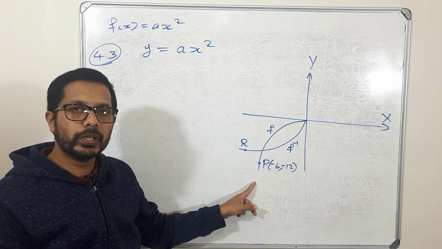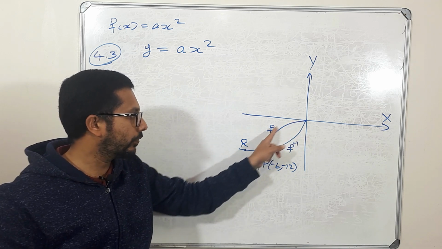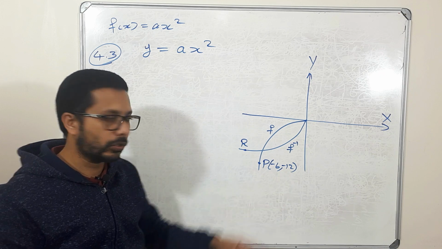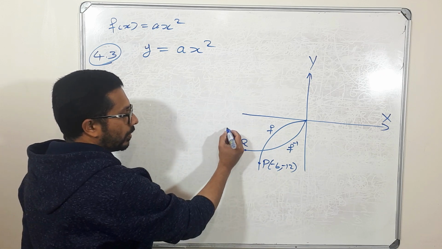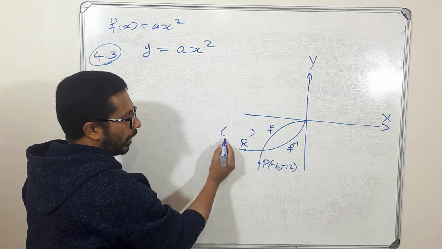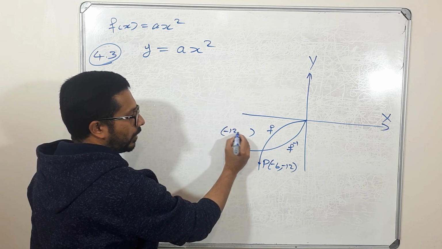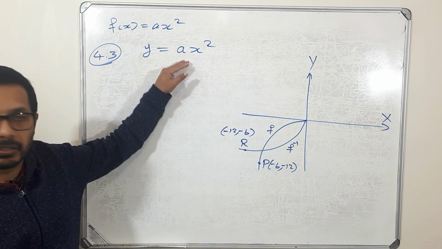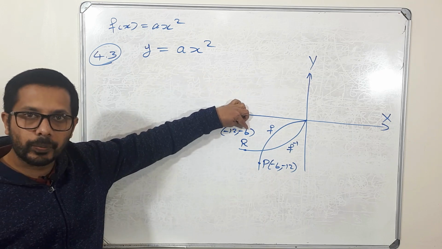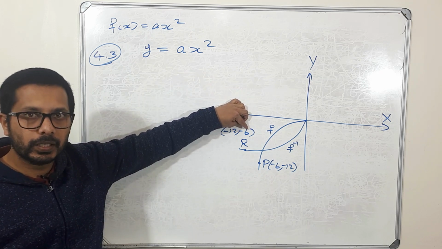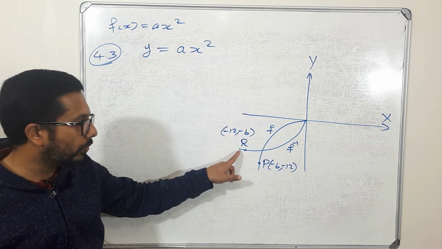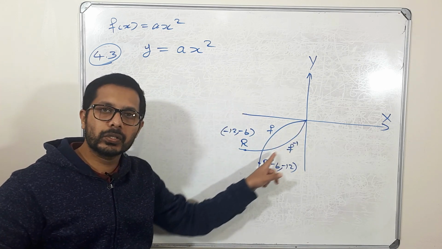Do you know any coordinate in that f of x graph? Yes, we know this -6 comma -12. We already found in the previous question the coordinate of R. What was that? -12 comma -6. But for this one, don't take this -12 comma -6. Don't make a mistake like that, because this -12 comma -6 is the coordinate of this f inverse of x graph.